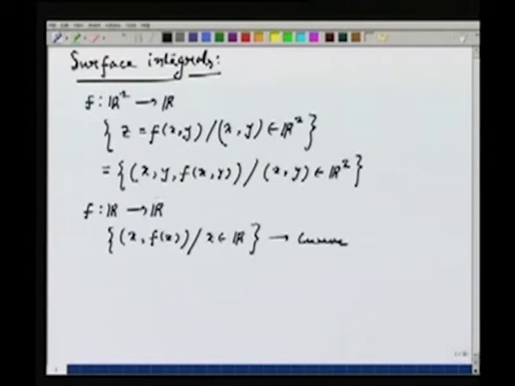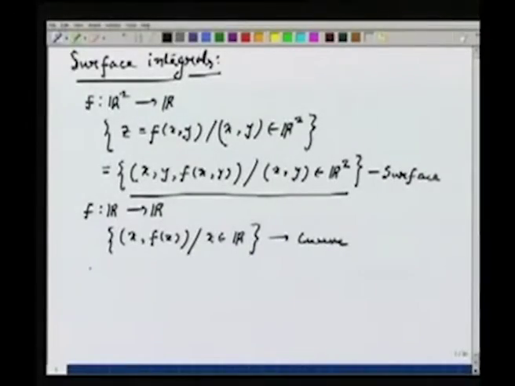Similarly, if I look at this kind of a set where f is a function from R2 to R, this is a surface. These are certain examples of surfaces. We will see later that all surfaces are actually not given by graphs. So we will generalize the definition also.